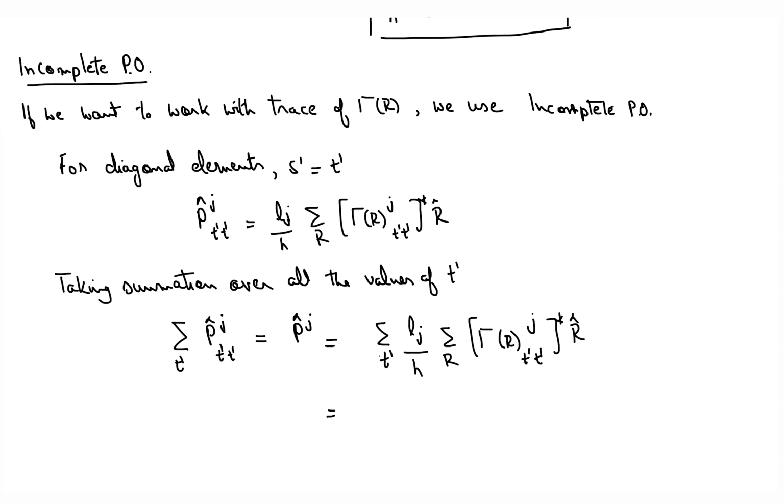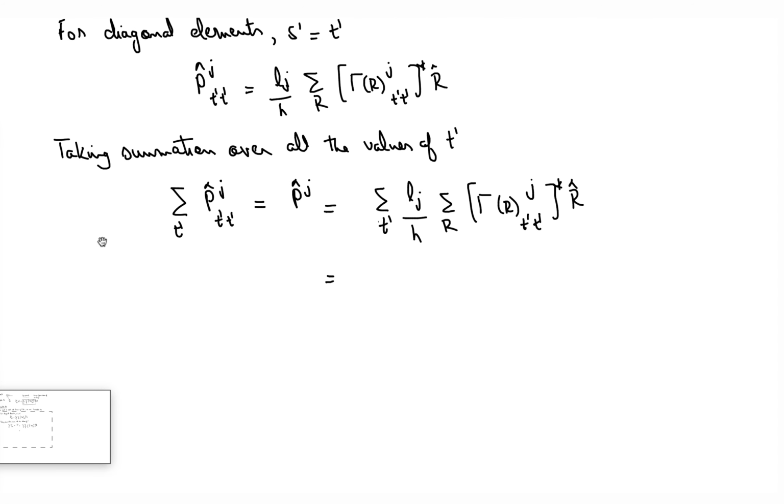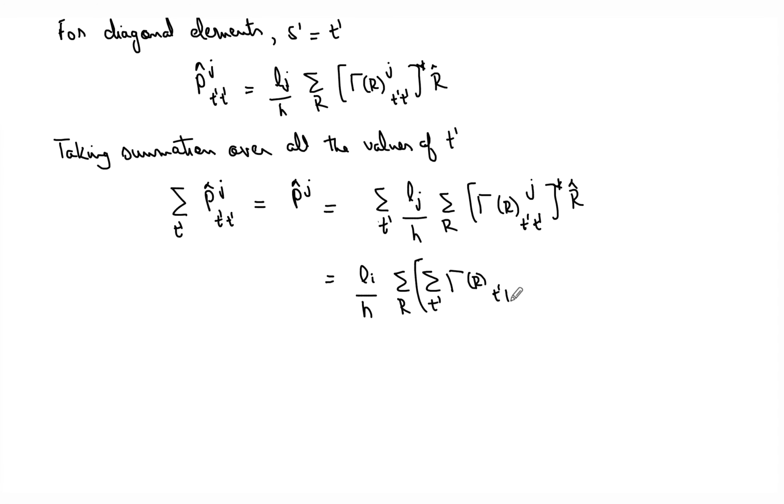So we take the summation inside and expand it. What we get is l_j over h, summation over all R, summation over all T prime, tau R T prime of the jth representation star, R cap.